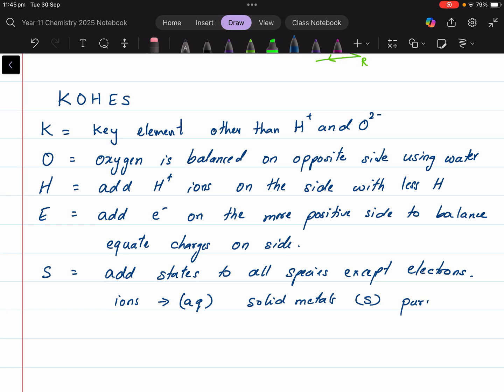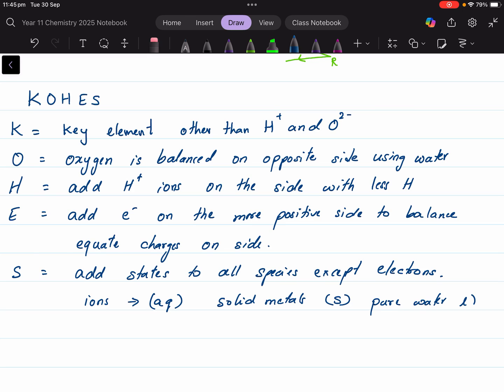Pure water has a liquid state. So these are the three states. And of course, if it is a gas, you would just use G for gas.